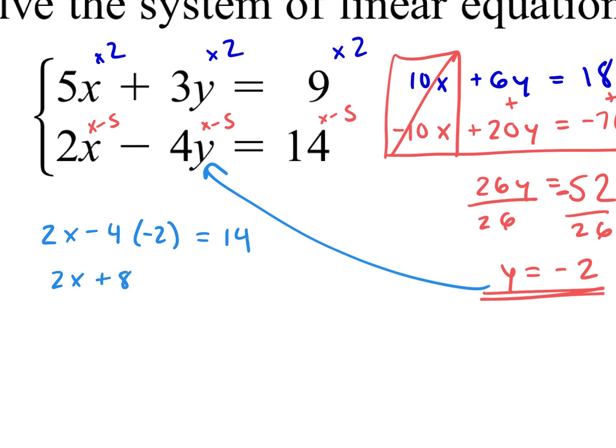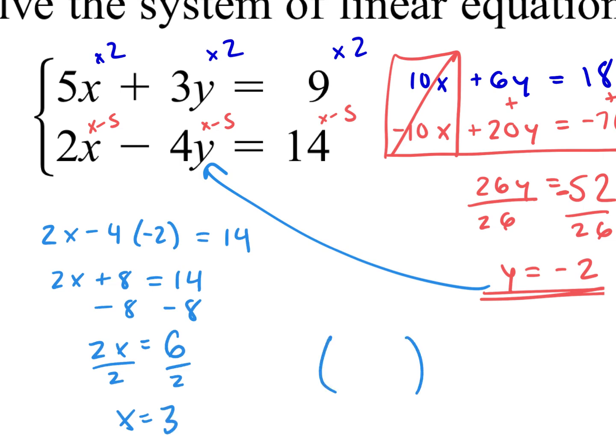Just make sure you're plugging it in for y because we got y equals. So 2x plus 8 equals 14. Subtract 8. 2x is equal to 6. Divide by 2. x is equal to 3. So our answer here is 3, negative 2. Remember x, then the y.